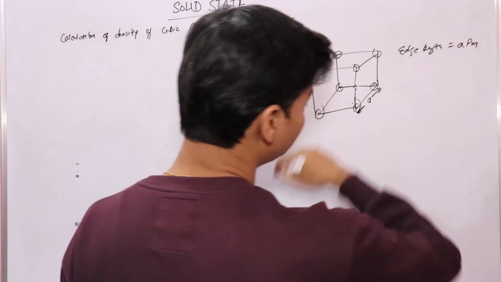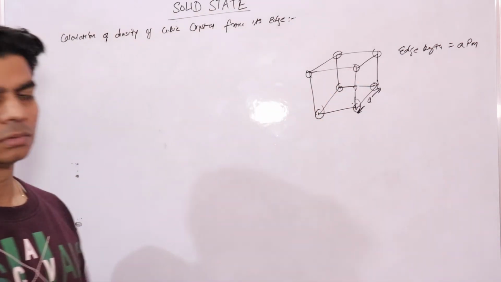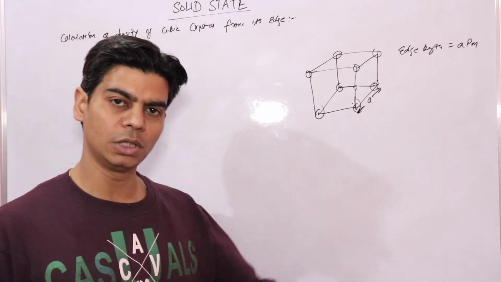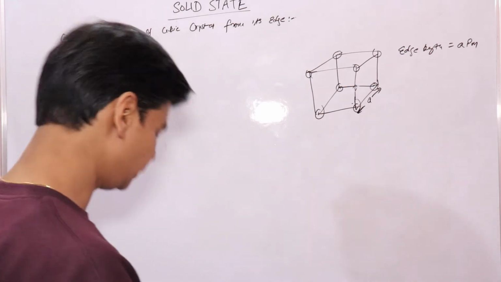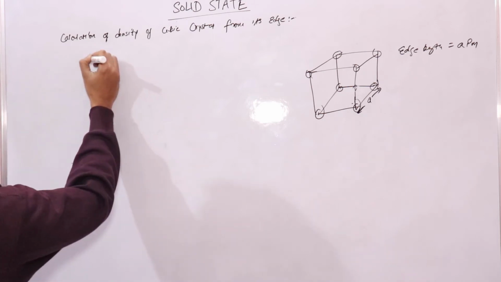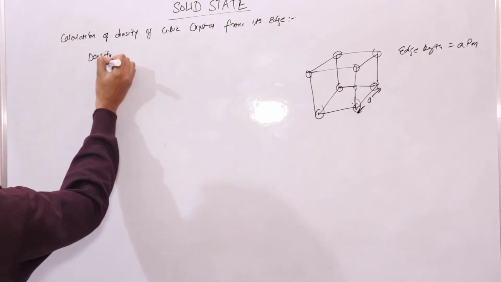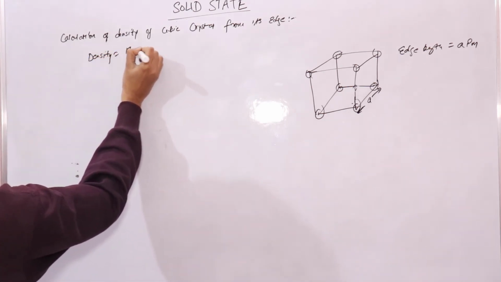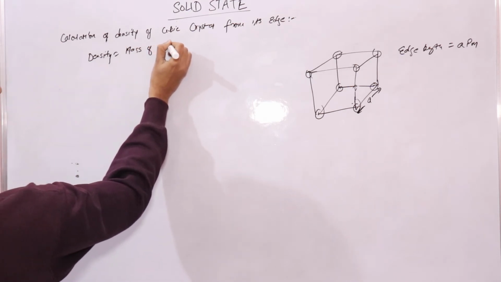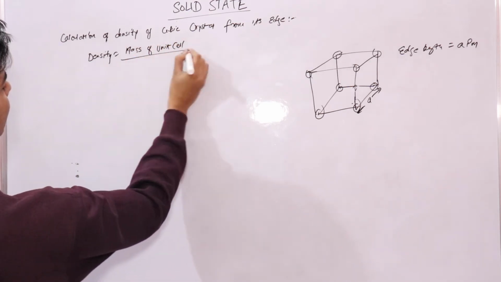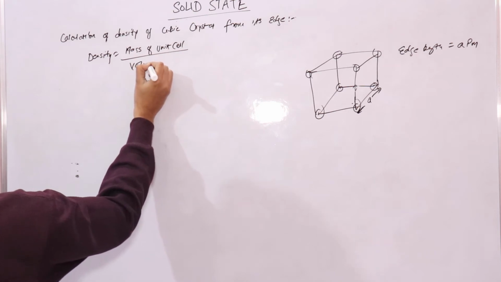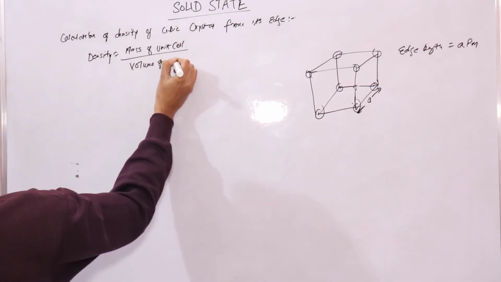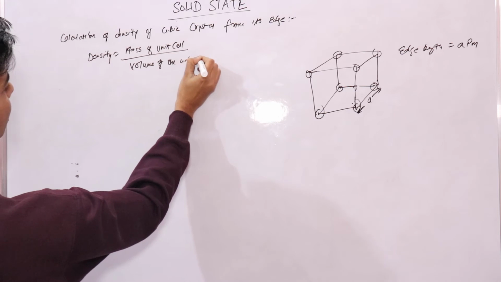So if you know the edge of this cube, then you can find its volume, right? And since we are trying to find the density, we know that density is equal to mass of this unit cell divided by volume of the unit cell.